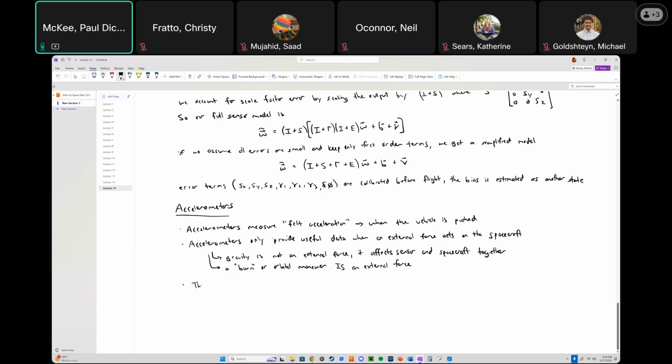Thus, accelerometers are useful in space whenever the crew needs to buckle their seatbelts. But during coast, no data.